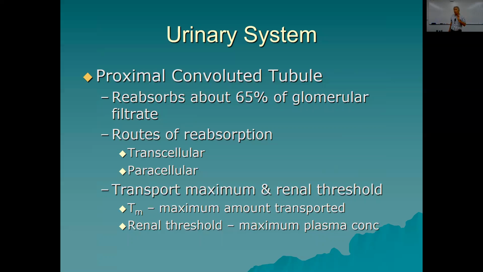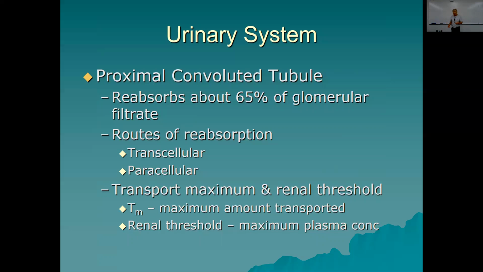The concentration of glucose in your blood is below the renal threshold and below the T sub M for the kidneys, so they can reabsorb 100% of the glucose that's filtered.